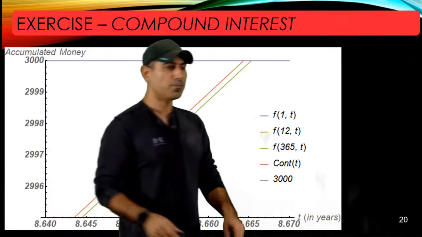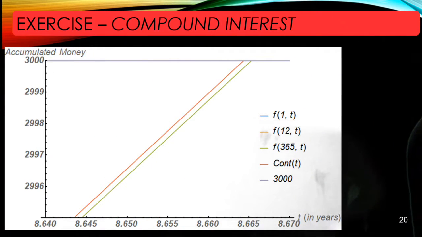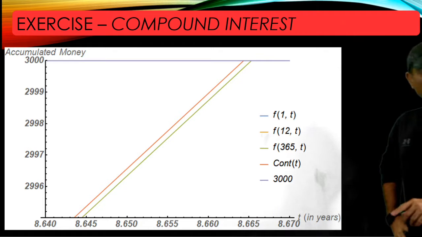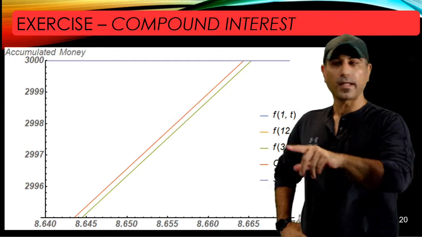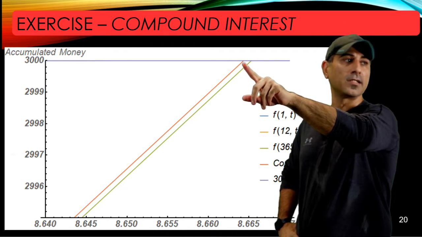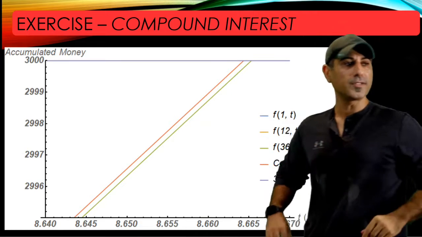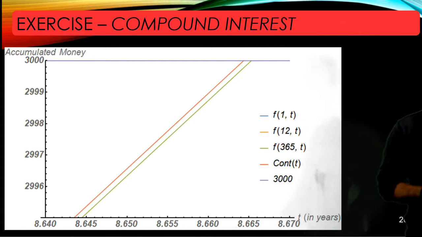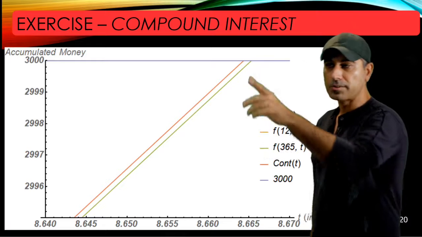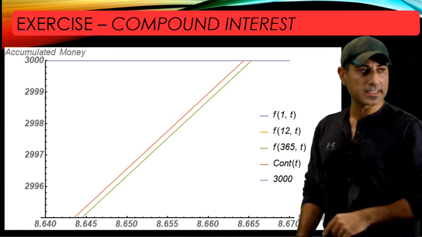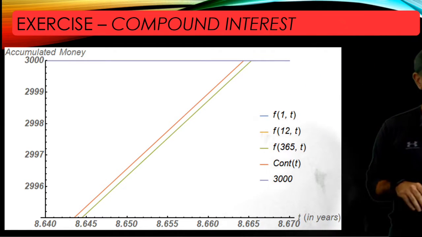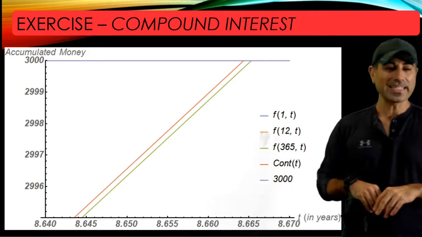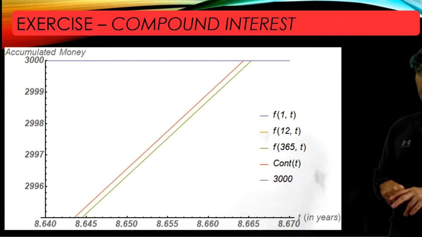As you see, my x-min and x-max are totally different. The red one is the continuous one, and if you do continuous compounding, you reach $3,000 in the shortest time. And the green one corresponds to daily compounding. It takes slightly longer to double your money that way.